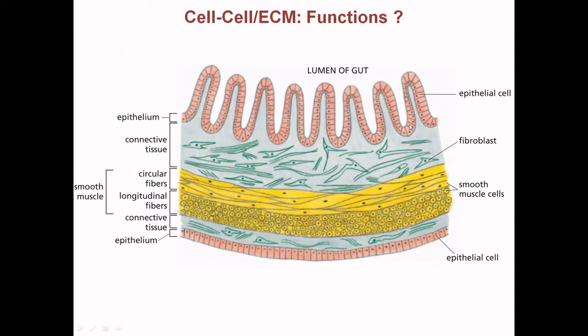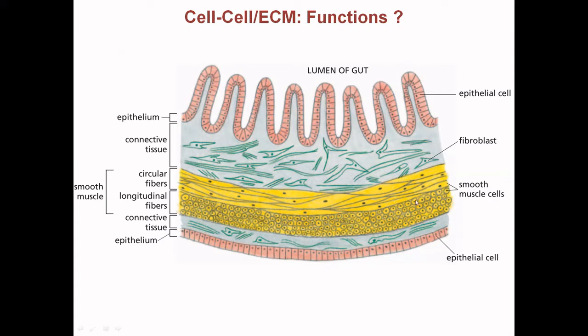As the epithelial cells have almost all types of cell junctions, we will take the epithelial cell as an example in discussing the various junctions. So epithelium lines the external as well as the internal surfaces of all the organs and the tissues.